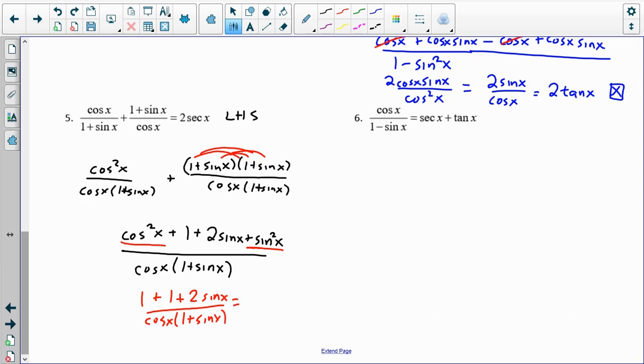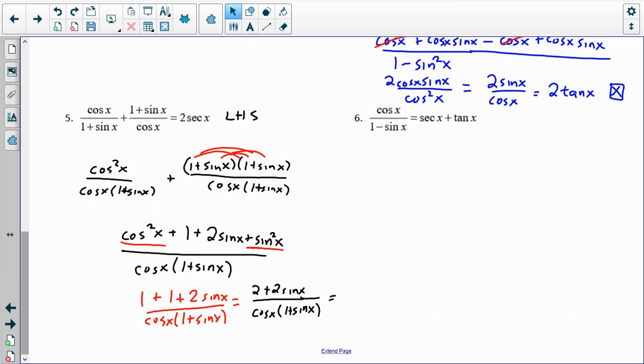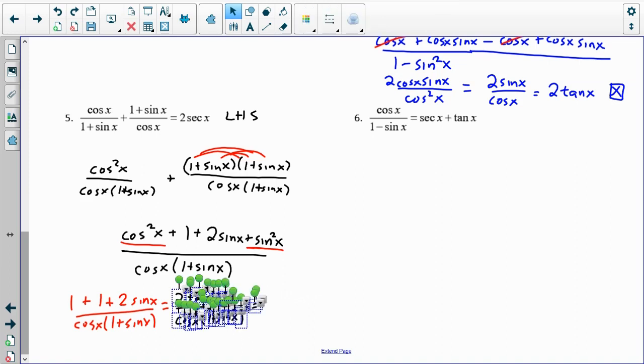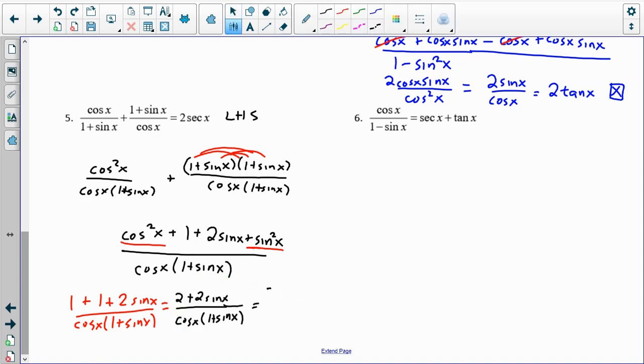1 plus 1 is 2, so I have 2 plus 2 sine x over cosine x times 1 plus sine x. And now I'm getting pretty close to the end if I see what's happening. So what I'm going to do is move these over so I have enough room. And then I'm going to factor out a 2.